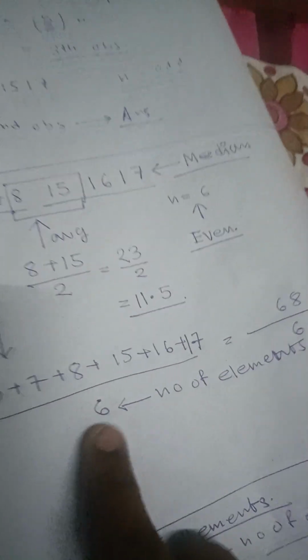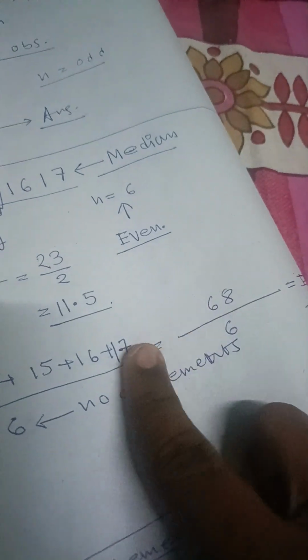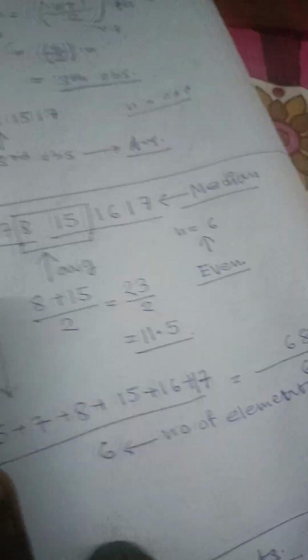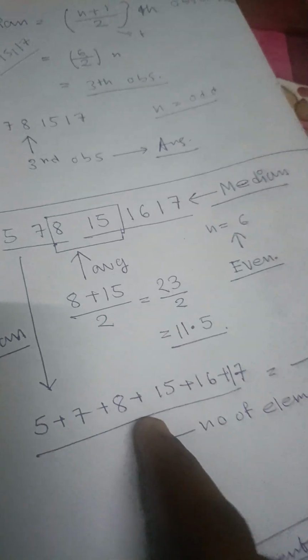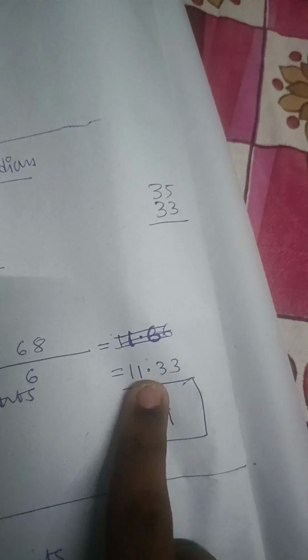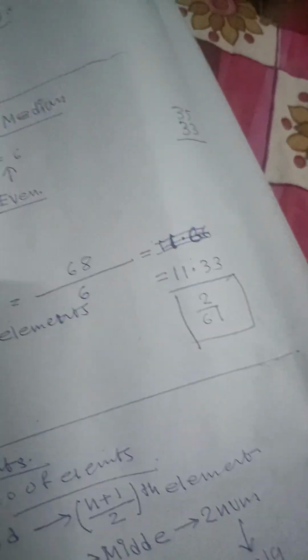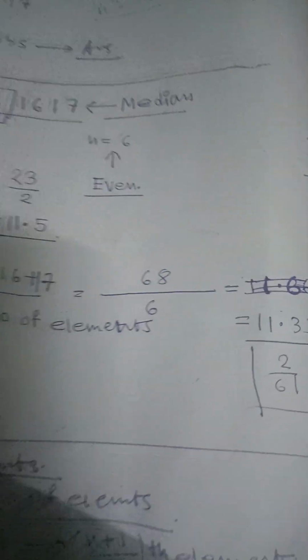There are 6 elements, so that will be 68 by 6. Don't go and do the calculation, it can be wrong, but you got it.